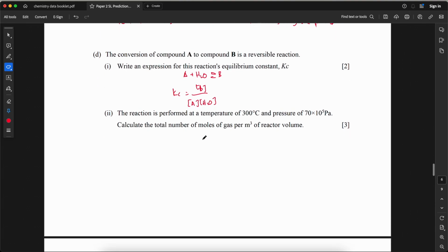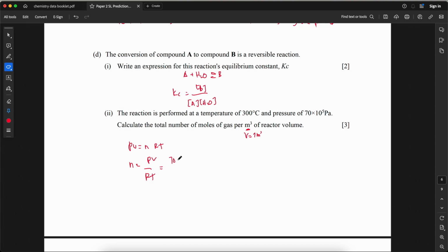The reaction is performed at a temperature of 300 degrees Celsius and pressure of 70 times 10 to the power 5 Pascal. Calculate the total number of moles of gas per meter cube. It means volume, it's 1 meter cube of reactor volume. So PV equals nRT. So n would be PV divided by RT.